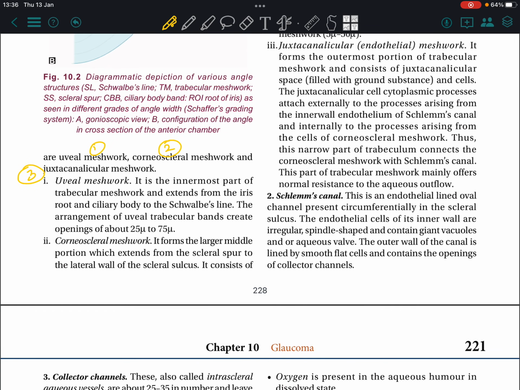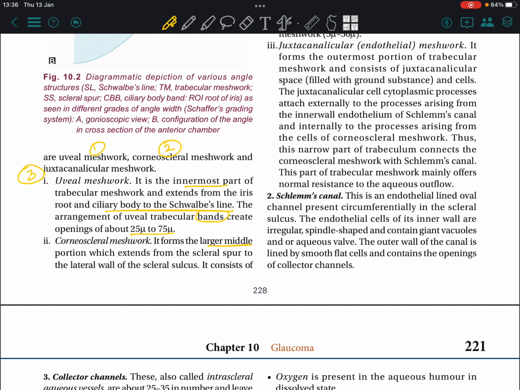Uveal meshwork: it is the innermost part of trabecular meshwork and extends from iris root and ciliary body to Schwalbe's line. The arrangement of uveal trabecular bands creates openings of about 25 micron to 75 micron in width and diameter.